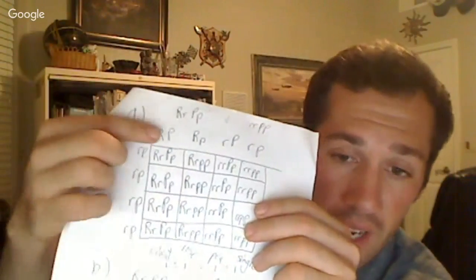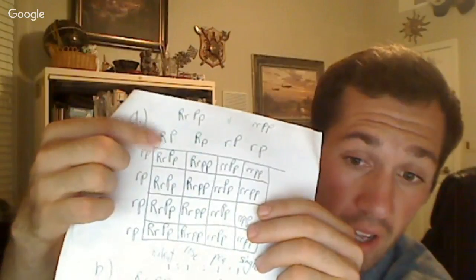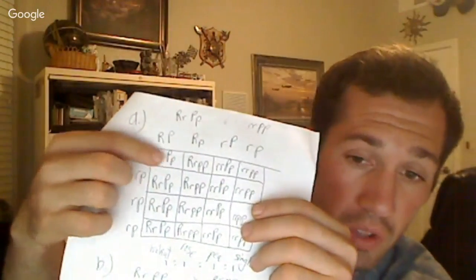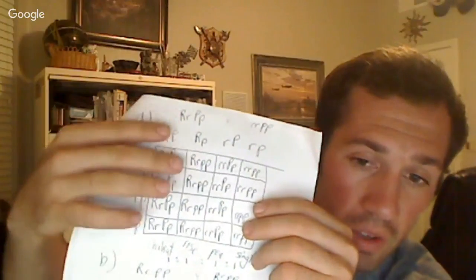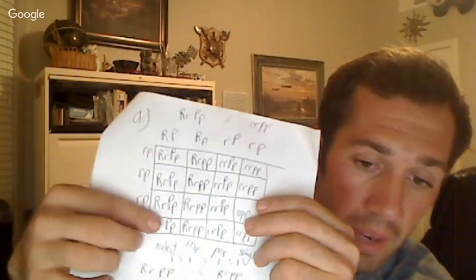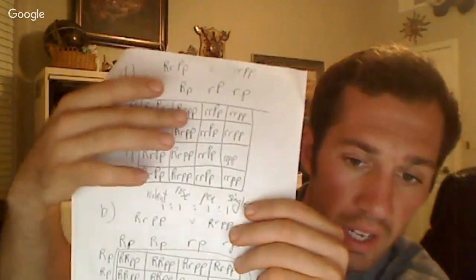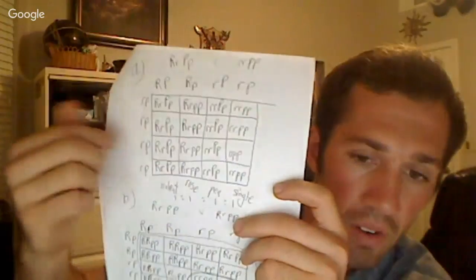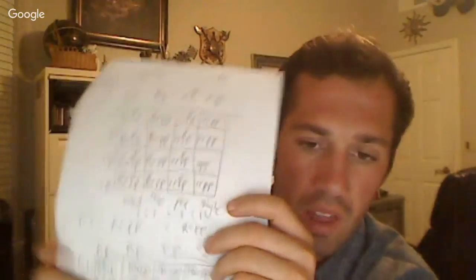If I want a whole row or a whole column of walnuts, I've got to make sure that there's an uppercase R in there and an uppercase P. Those are the two that I'm looking at. As long as both of those are in there, I'm going to get walnut. This one is going to be rose, this is going to be pea, and then this is going to be single. So that's how I followed it on that.